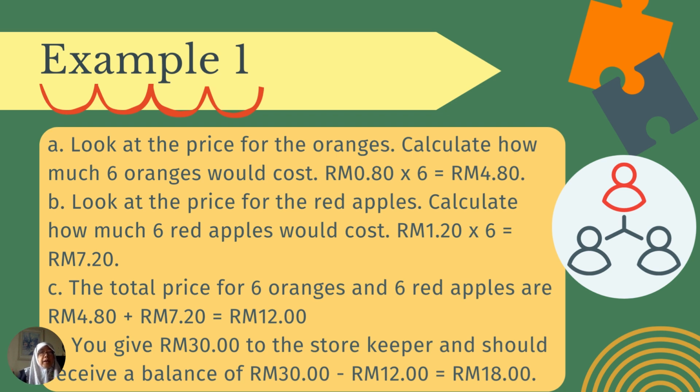So 30 ringgit minus 12 ringgit, you should receive 18 ringgit as balance. So this is how measurement sense guides students on how to calculate and how to solve the problem.